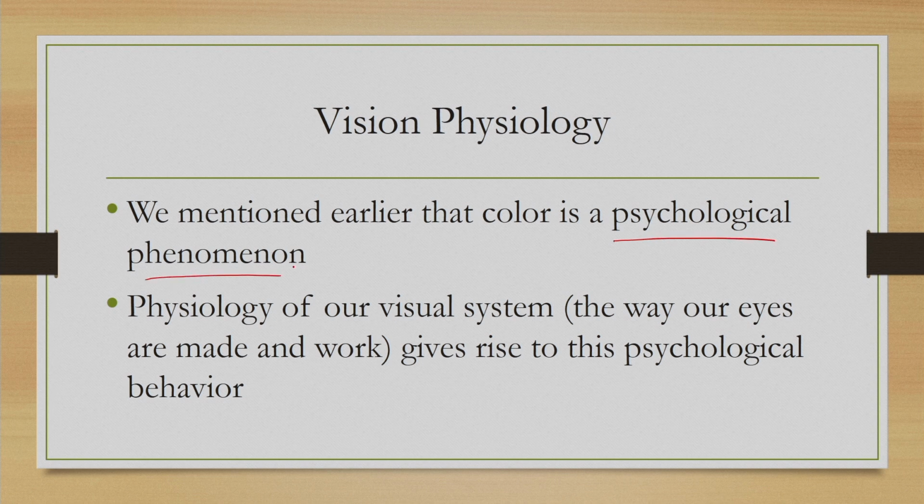So, it is essentially our perception that there is a color. Now, from where this perception comes, that is due to the physiology of our visual system or the way our eyes are made and the way they work. So, essentially the physiology determines the psychological effect.